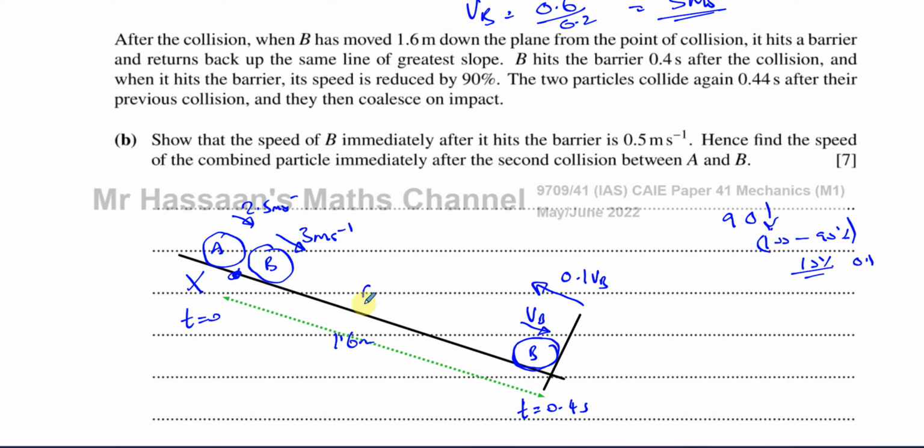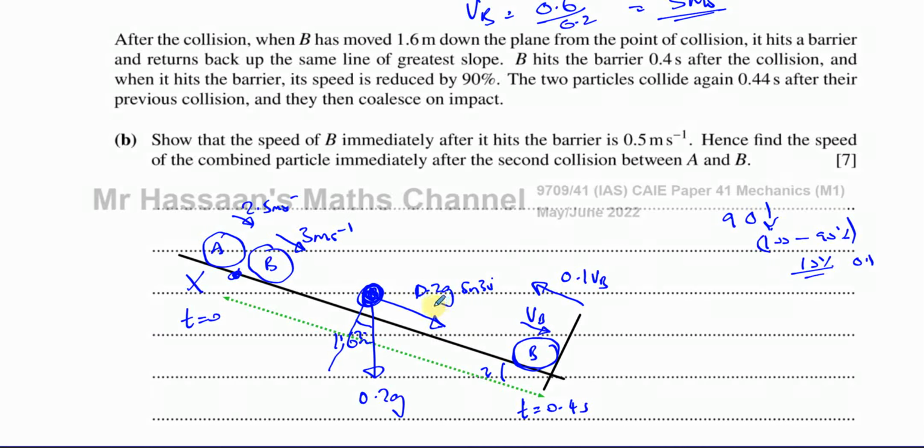If we use suvat, let's take this particle B. Its weight is 0.2 g, and the component of the weight down the slope, remember the slope is 30 degrees, is 0.2 g times sine of 30 down the slope.